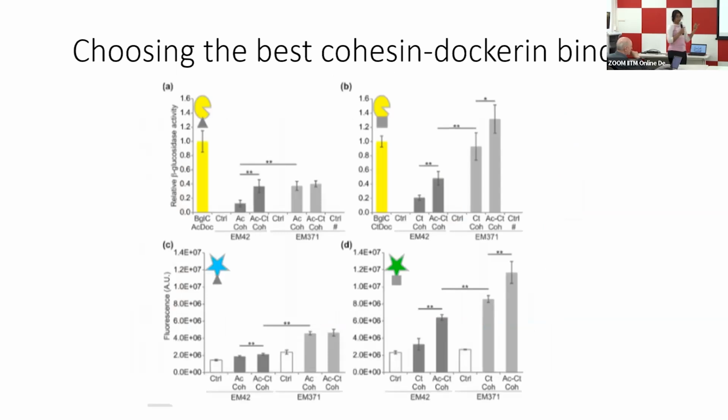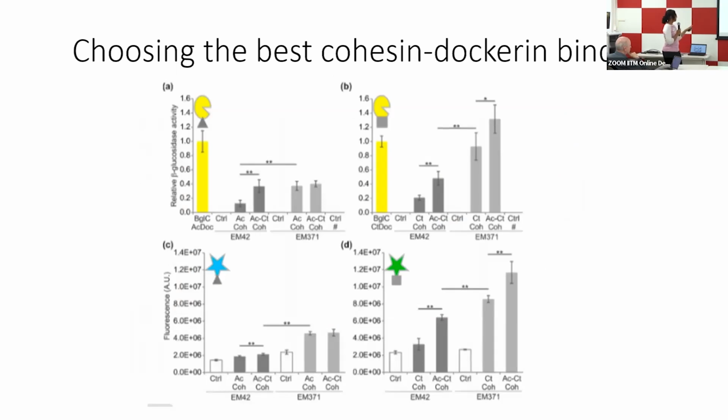Now that we've found our secretion pathway, that is AG43, we have to choose the best cohesin dockerin binding out of our AC, CT, and in some cases both AC and CT expressed. For this, we used BGIC bound to both the AC dockerin and the CT dockerin.